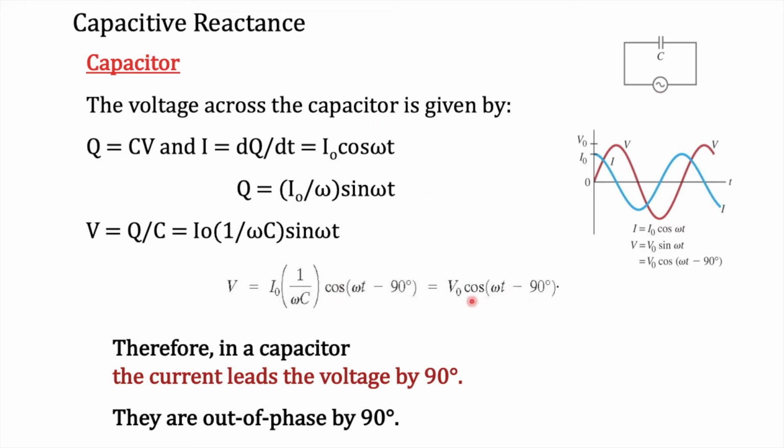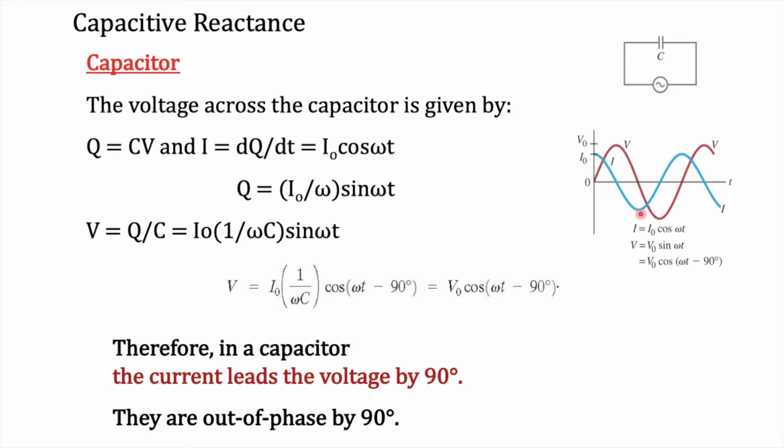These are the two equations, and from here you see that the current, which is the blue line here, is leading the voltage, which is red, by 90 degrees. Here, it seems like the voltage is leading, because in time the voltage seems to be ahead, but that's not the case.